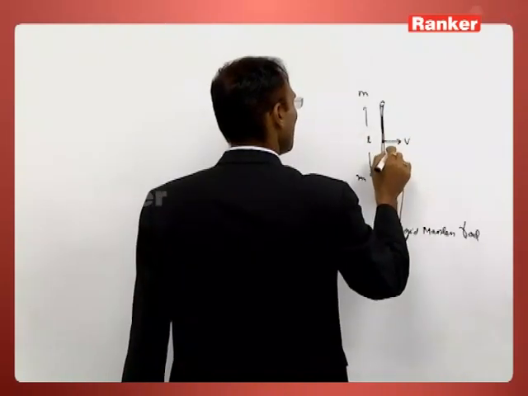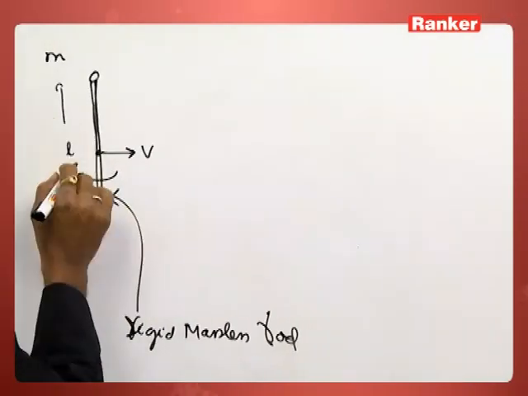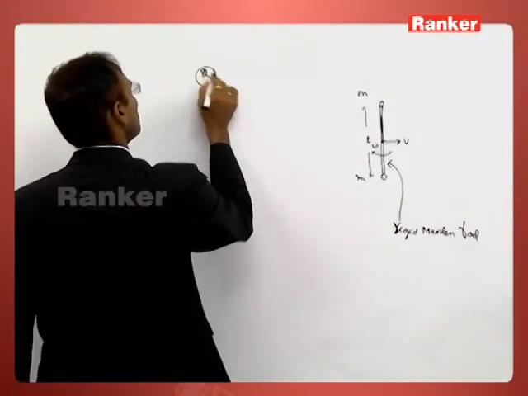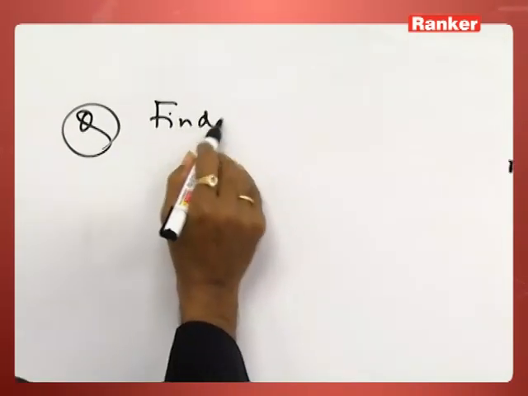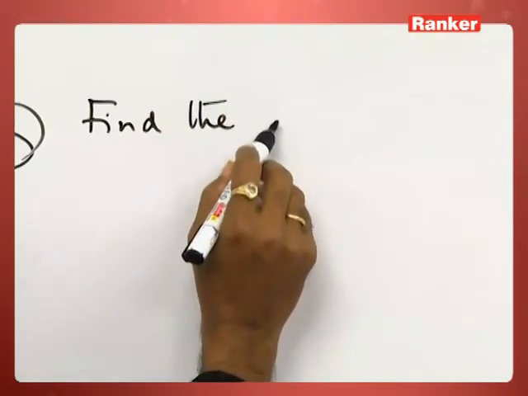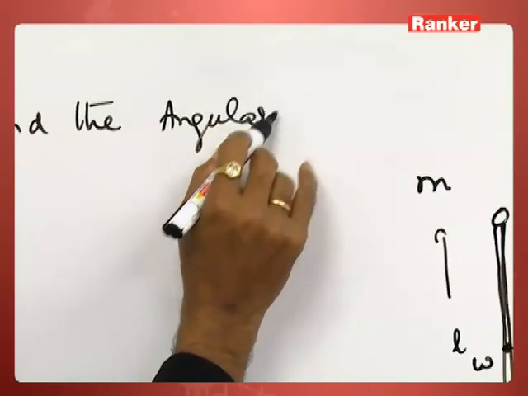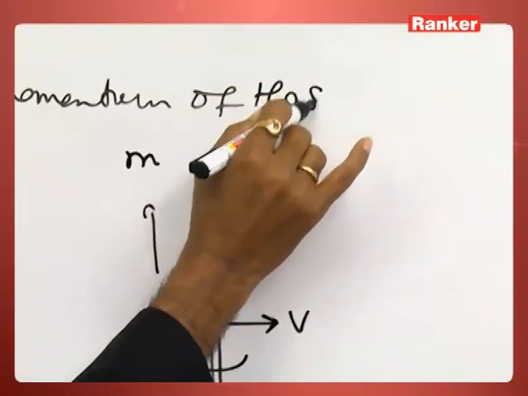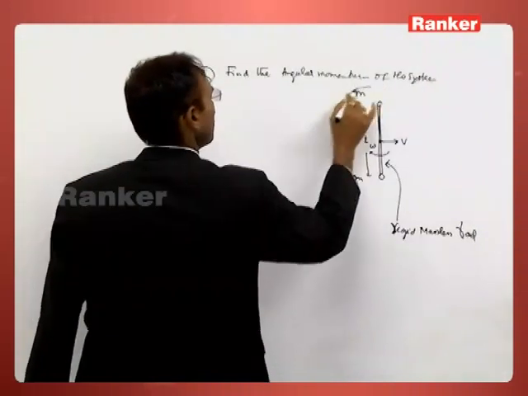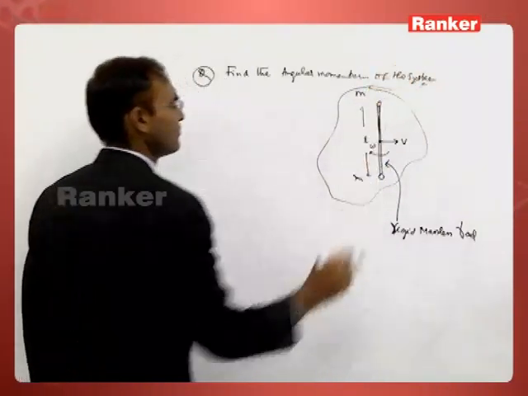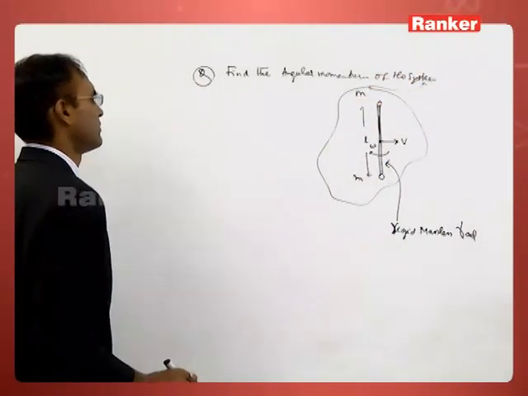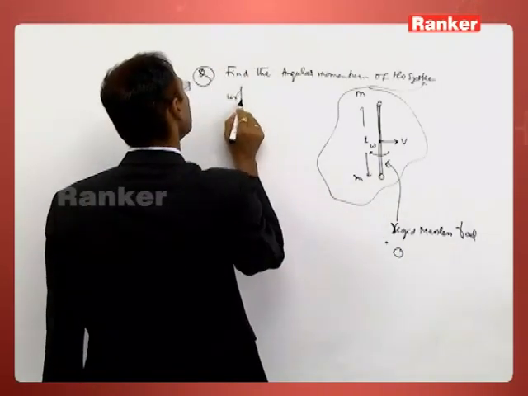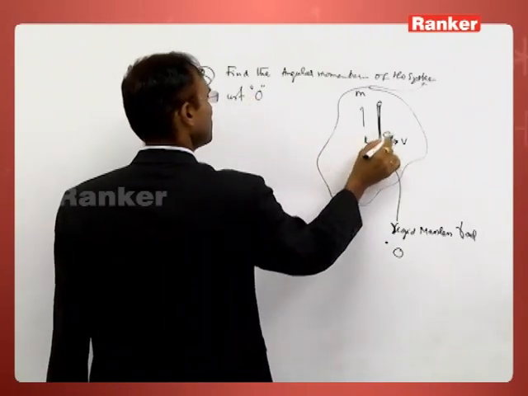The rod rotates with an angular velocity omega. Find the angular momentum of the system. This is the entire system. With respect to O, this is the center of mass.